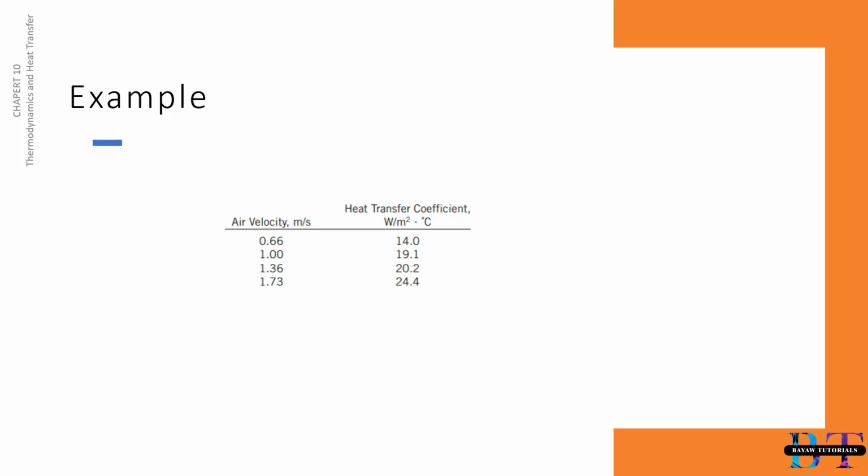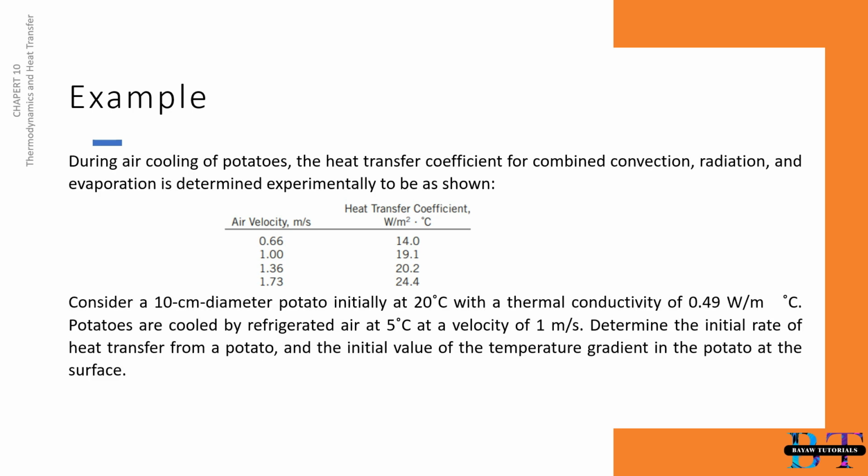In this video, we're gonna solve another problem in thermodynamics and heat transfer, chapter 10, heat transfer by convection. Our example: during air cooling of potatoes, the heat transfer coefficient for combined convection, radiation, and evaporation is determined experimentally to be as shown.